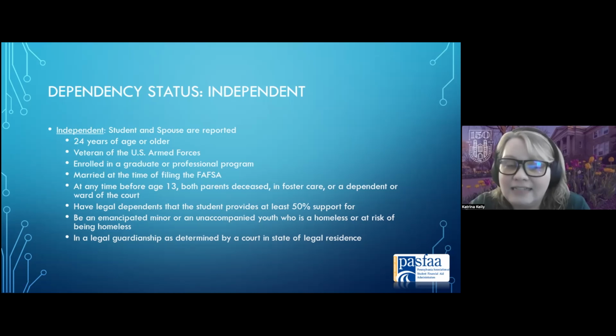The student has to have legal dependents that they provide more than 50% of financial support for. So if the student has a dependent, but they're living at home with their parent and their parent is providing the financial support for that child, they would not be considered an independent student.